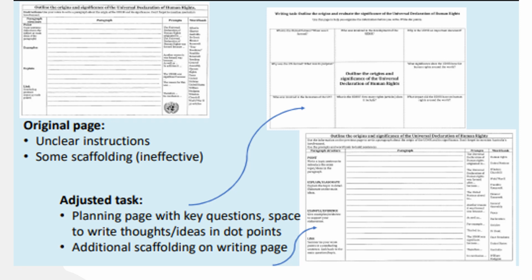So as you can see on the right hand side of the slide, the task has been adjusted to support EALD learners. There's a planning page with key questions, space for the students to write down their thoughts and ideas in dot points, and additional scaffolding on the writing page. We'll spend some time looking at this in the tutorial as well.